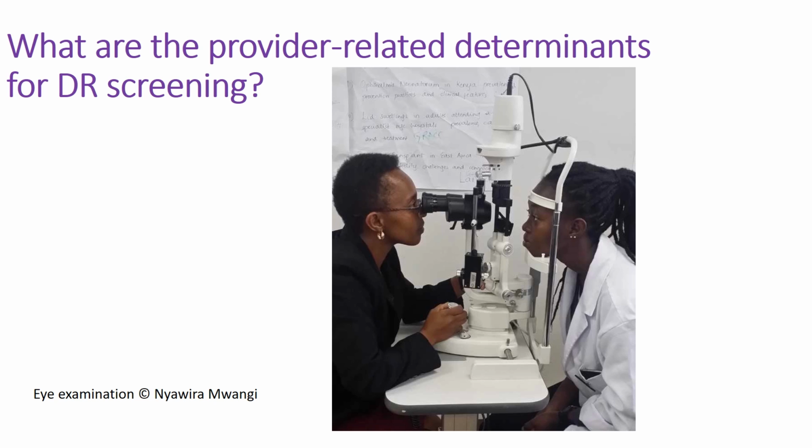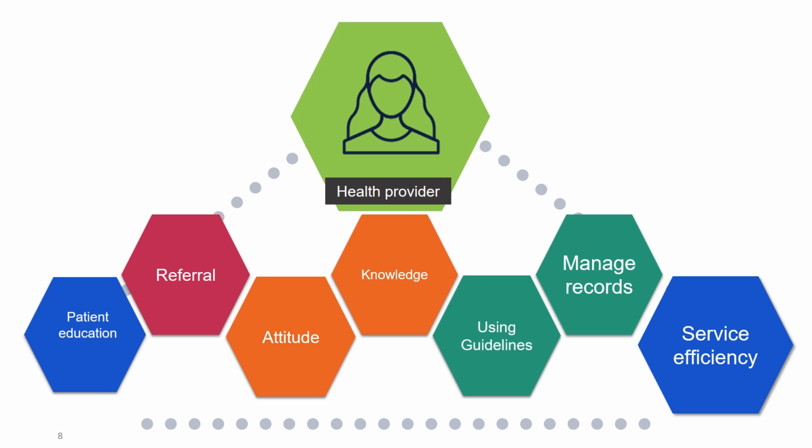In Module 2, we looked at the determinants for DR screening that are related to the patient. We now want to consider the provider-related determinants for DR screening. The practice of DR screening may depend on the health provider's knowledge. This might be, for example, knowledge about diabetes, knowledge about diabetic retinopathy, knowledge about screening, knowledge about where these services can be provided.